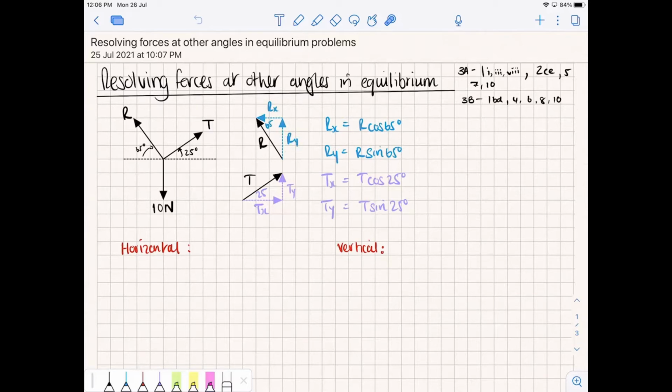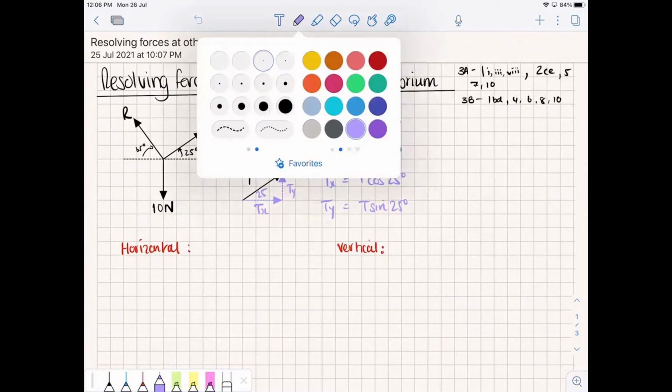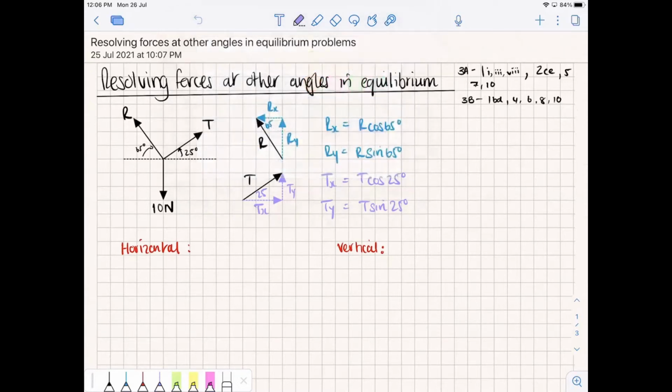Okay? I've used the fact that because we are working with parallel lines, this angle up here is also 65 degrees, right? To show you that, I can quickly create a horizontal line here, and you can see that these two angles are alternate angles, and so they are the same.